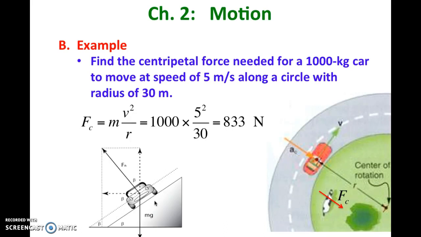Since m equals 1,000 kilograms, v equals 5 meters per second, and r equals 30 meters, we have Fc equal to 1,000 times 5 squared divided by 30, which is equal to 833 Newtons. This force is provided by the friction from the ground and the horizontal component of the normal force by the sloped ground.